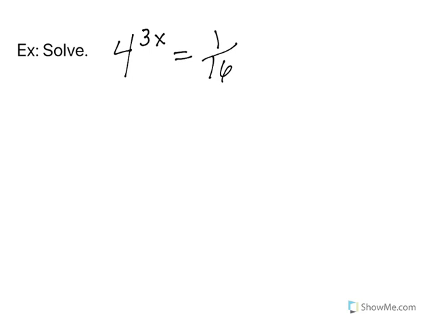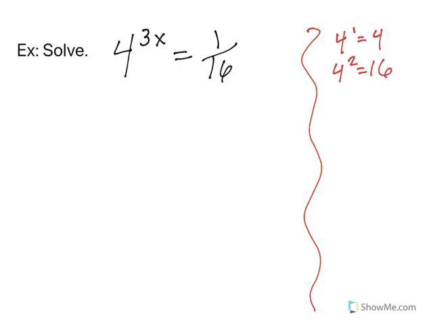Here we have a fraction. So 4 to the 3x equals 1/16. In a fraction, if this throws you off, then just have a little moment and say, what do I know? Well, I know that 4 to the first is 4. 4 squared is 16. Well, 16 and 1/16 are not the same. But remember the definition of negative exponents.